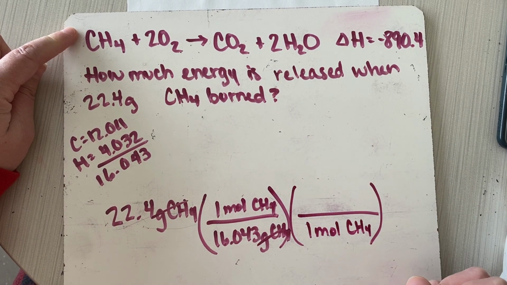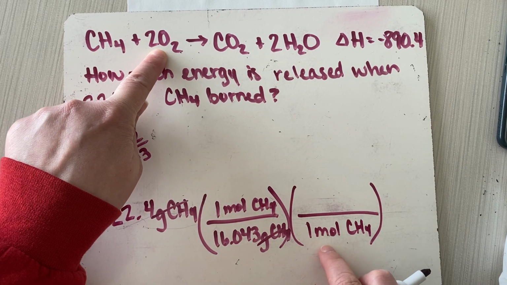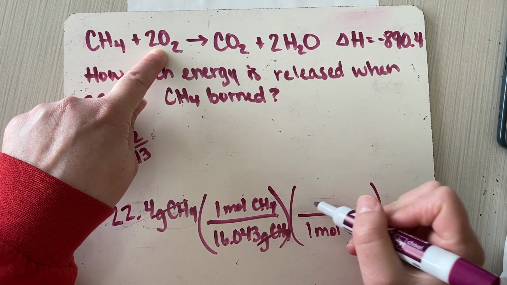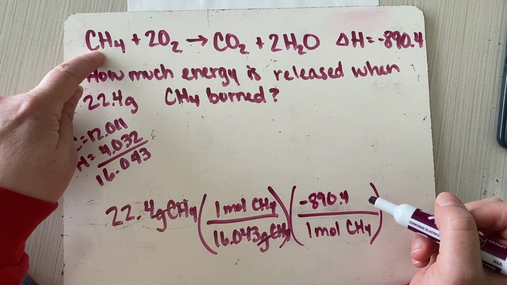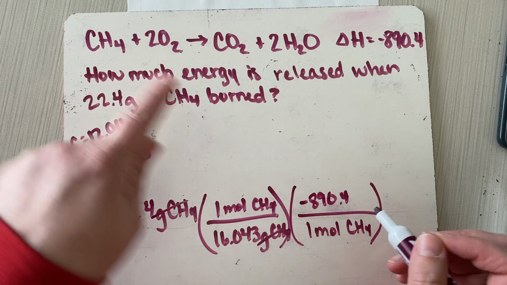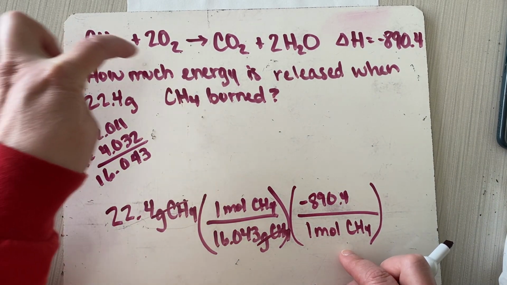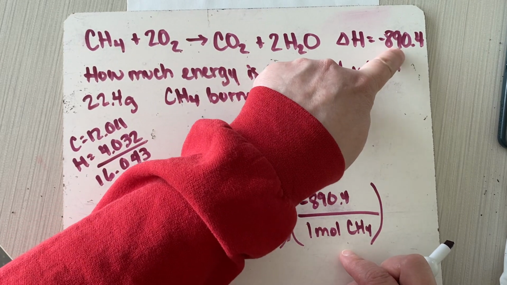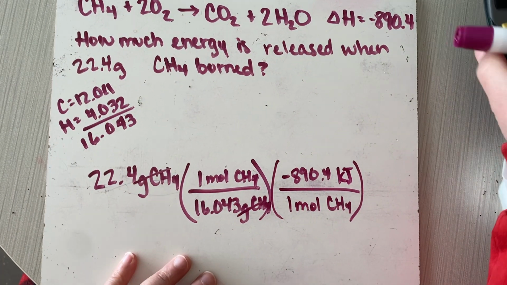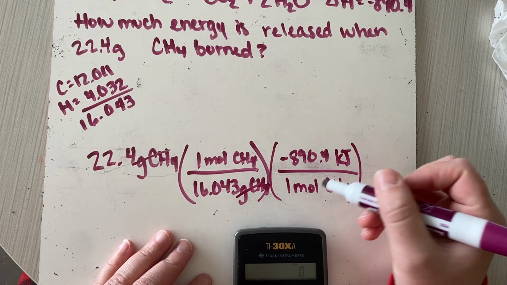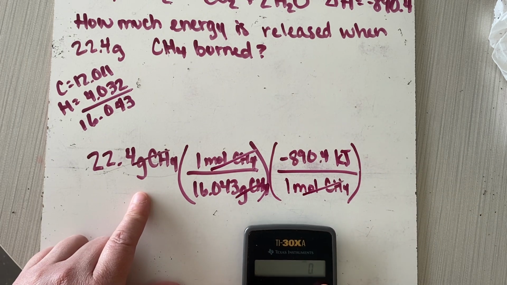And keep in mind, if we were talking about oxygen, it would be 2 moles for oxygen is going to give us the negative 890.4. But since we're only working with the CH4, we only have 1 mole. But this is kind of like our mole to mole ratio when we did stoichiometry. We have to use whatever's in the equation with the energy provided. So now this one's going to be a little bit longer for calculating, but our labels cancel and our label in the end is going to be kilojoules.